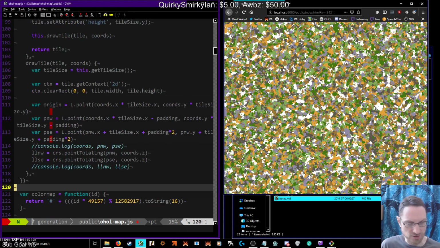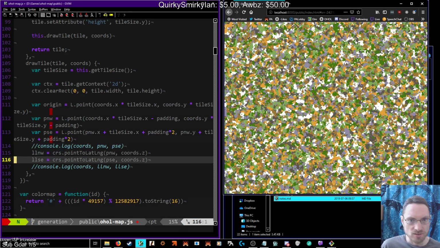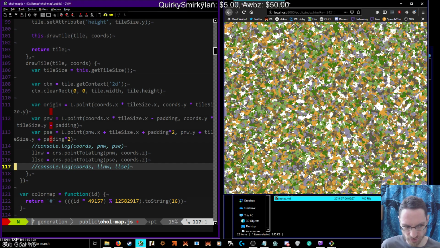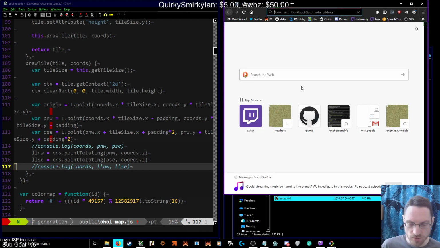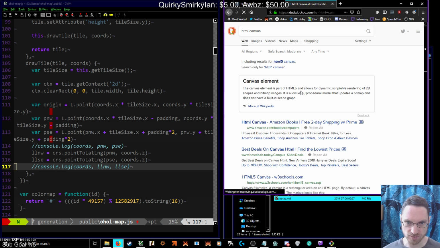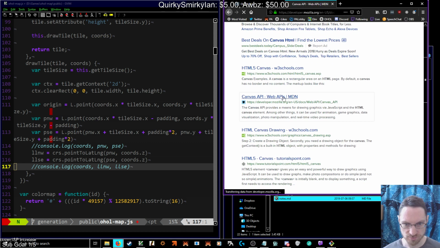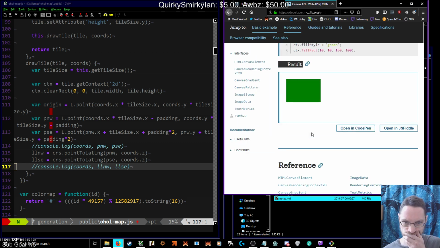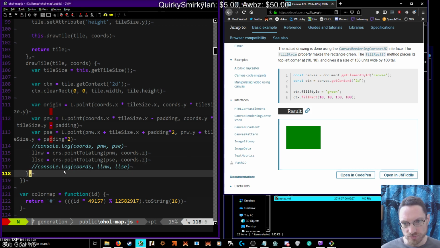All right, so for proof of concept, lat long, north, west, and southeast. What is the syntax for a canvas rectangle? Is that from 10,10?